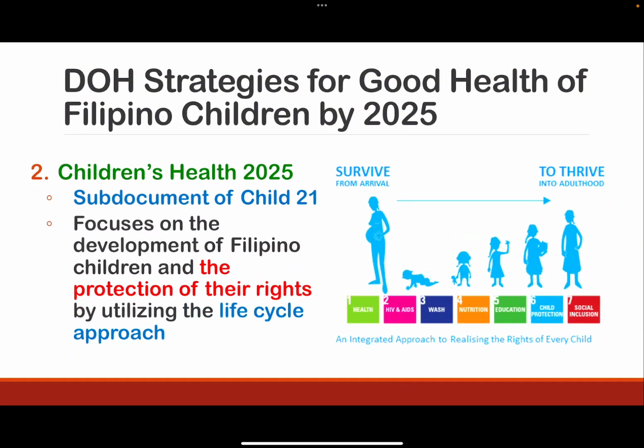Alright, next. Children's Health 2025. This is a sub-document of Child 21. It focuses on the development of Filipino children and the protection of their rights by utilizing the life cycle approach. A life cycle approach can help us make choices.